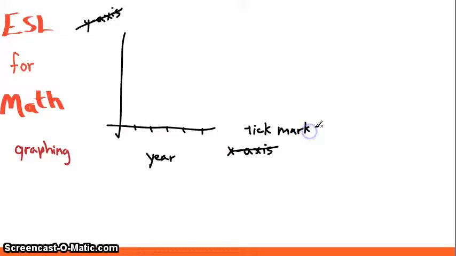Tick means just something small. So tick marks are these small little lines. And I'm going to put the years here. 2010, 2011, 2012. Notice that I'm doing every year. I'm not skipping any years. I'm going one by one by one, and 2014.